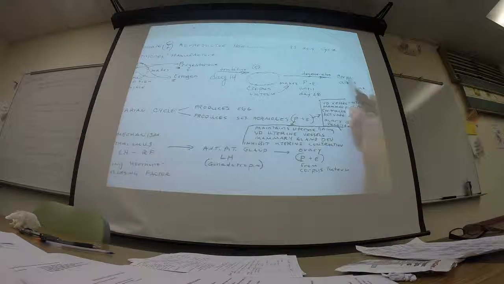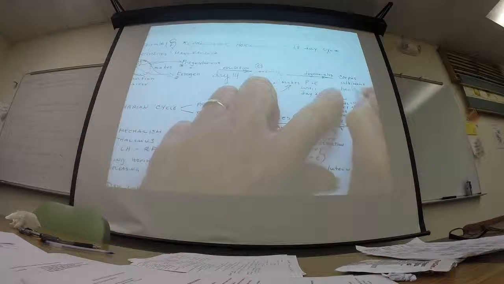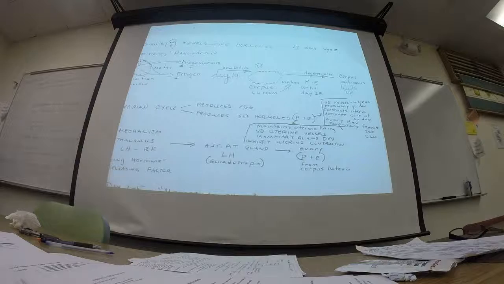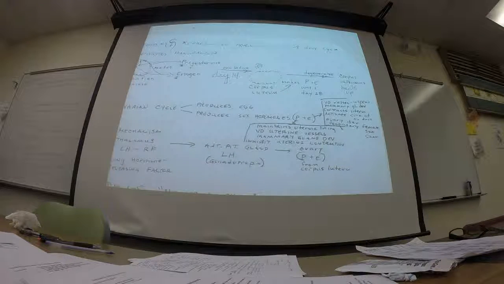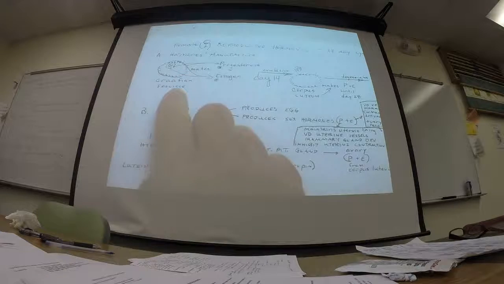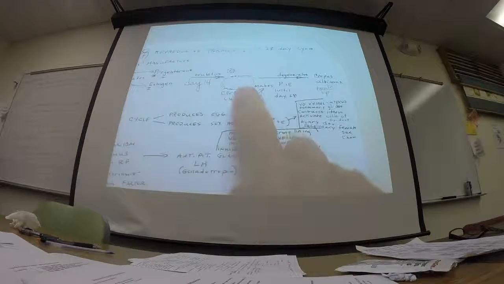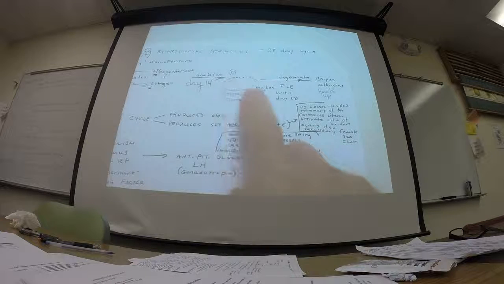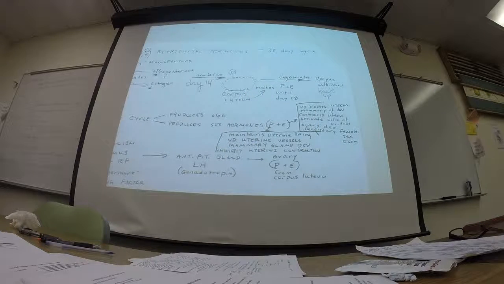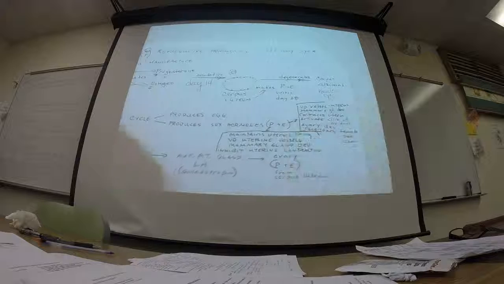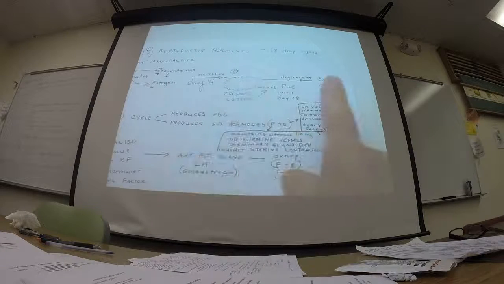So then it's called corpus albicans, and then it finally heals up. There's no evidence where it was in a very few days. Then you start all again next month, ripening a new Graafian follicle, releasing the egg on day 14, and then you have a new yellow corpus luteum gland sac in case you get pregnant that month. So this is the story we're going through each month.